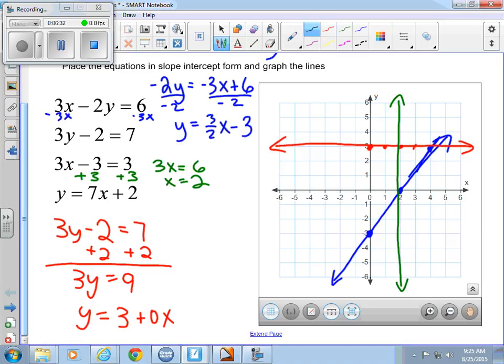What is the y-intercept? 2, and what is the slope? 7 over 1. There's not a denominator, the 1 is 1. And it's going to be hard for you to graph, but that's okay. 1, 2, 3, 5, 6, 7, 8. This is a distinct line.